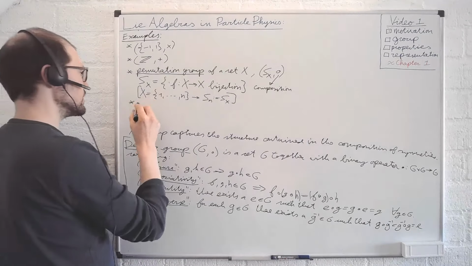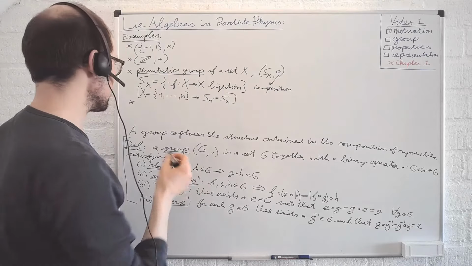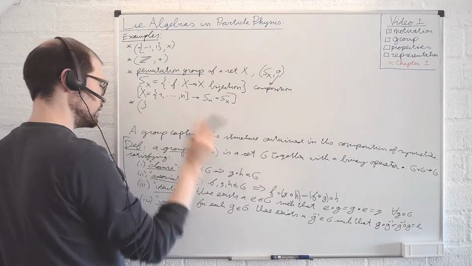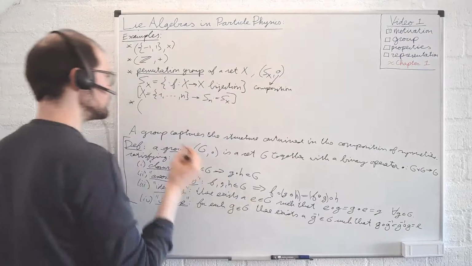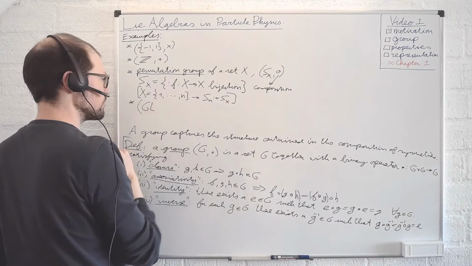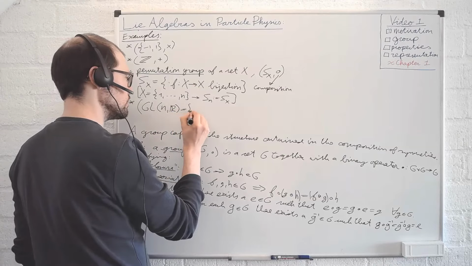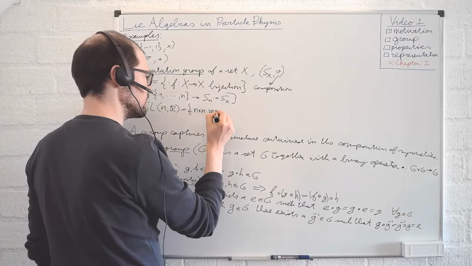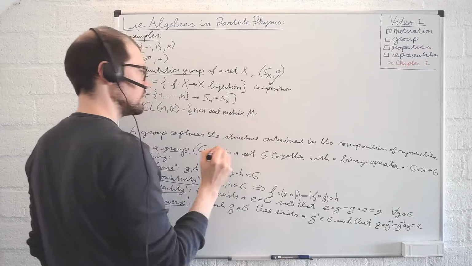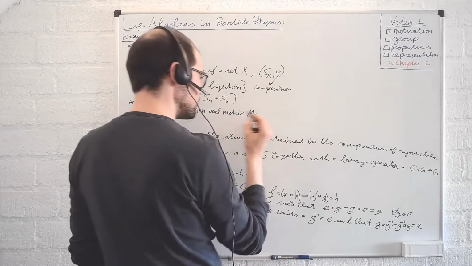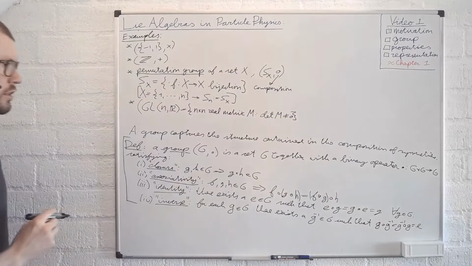And then finally, let's look at yet another type of binary operation, which is matrix multiplication. Let's take this set to be the set of real invertible matrices. This is the general linear group of, say, n by n real matrices M, and we make the requirement that the determinant is not equal to 0.